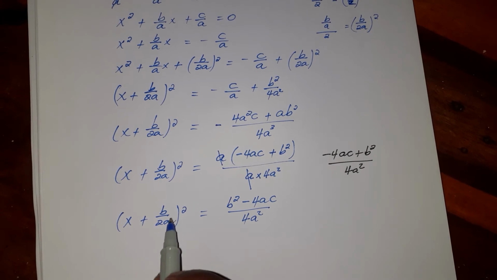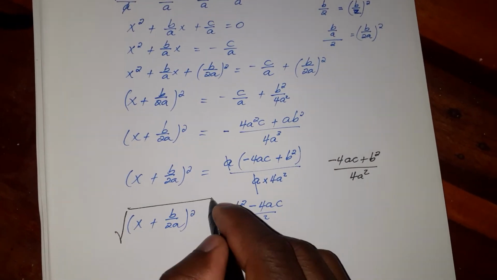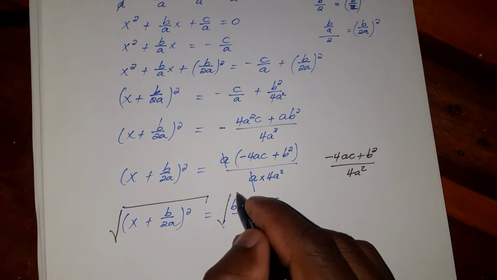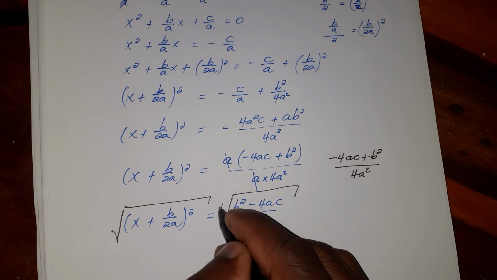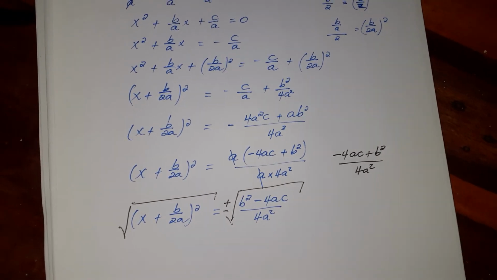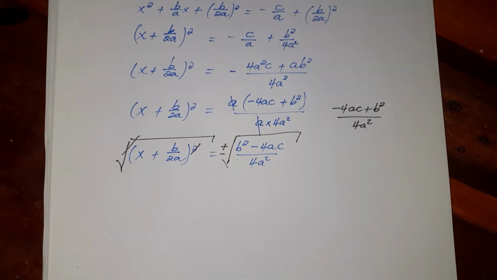Now we can remove the square there by taking the square root on both sides. Remember that when we take the square root on this side, we should have plus or minus. Now this square root and that square will cancel.